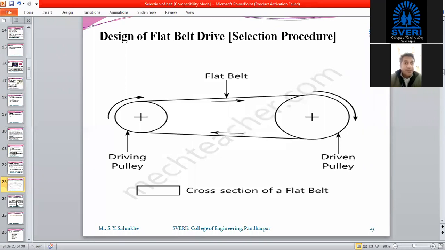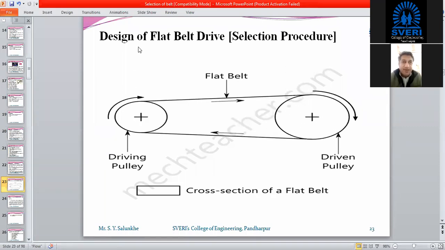As far as the selection of belt is considered, first of all, we are going to see the arrangement. We'll see first the arrangement of a flat belt. It is very simple as compared to all the other types of belts. Simply, these belts are arranged in such a way that there is one driving pulley and another driven pulley.